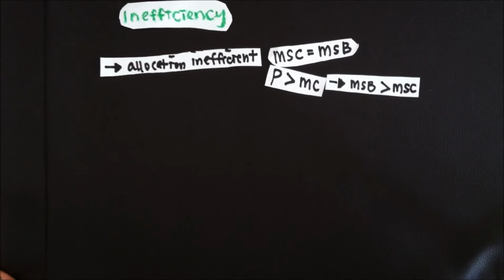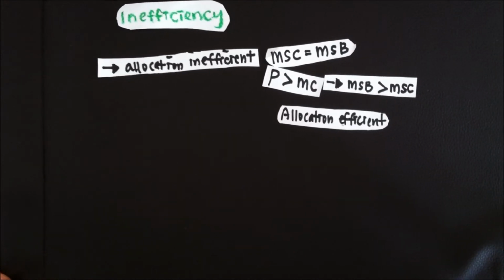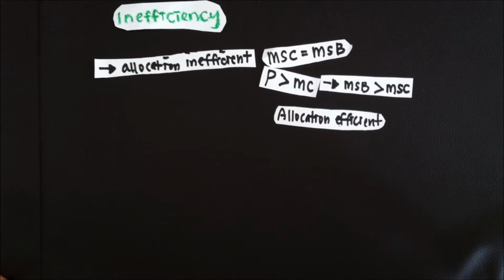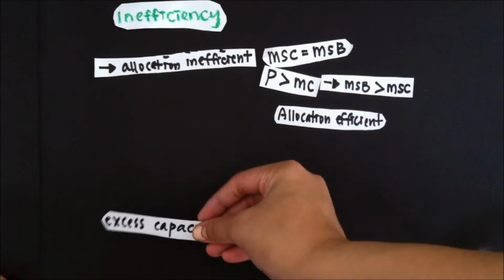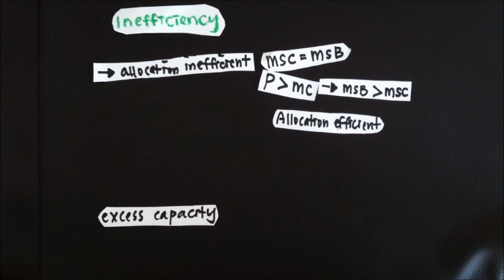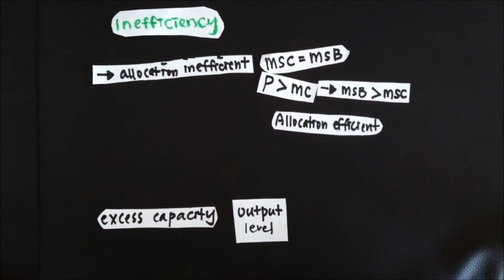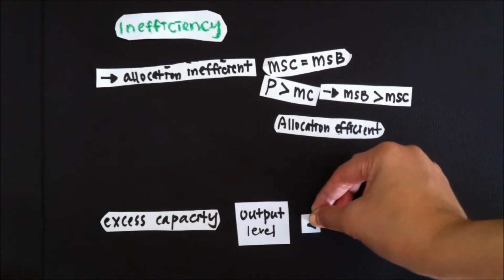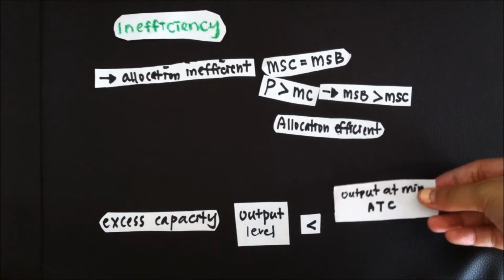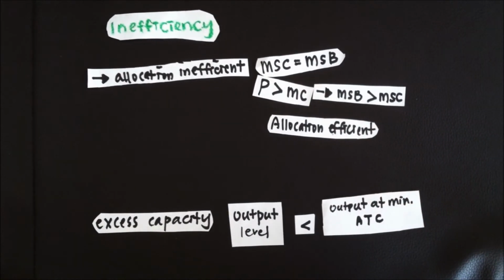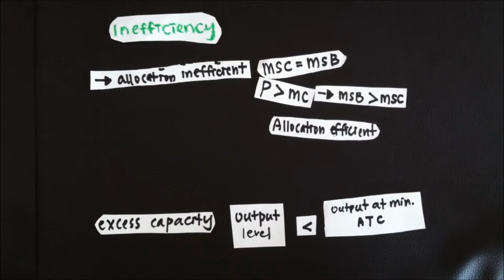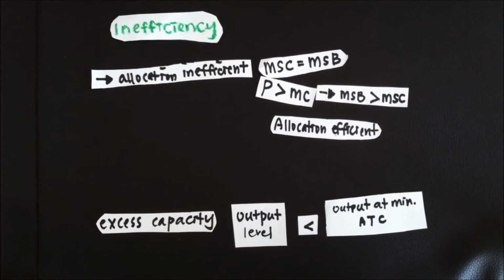Thus, monopolistic competition firms are allocatively inefficient. The second source of inefficiency is the fact that monopolistic competition firms operate with excess capacity. That is, the monopolistic competition firms' profit-maximizing output is less than the output associated with minimum average total cost.